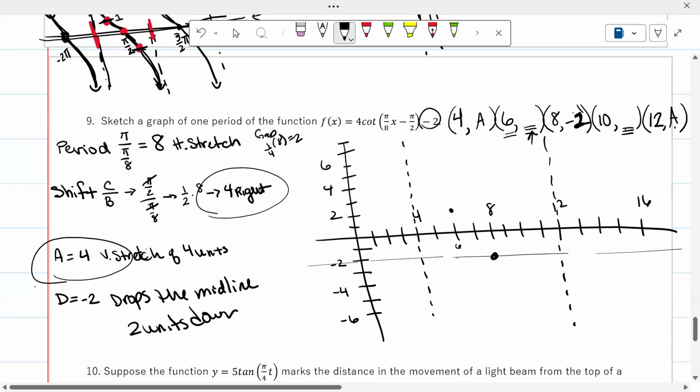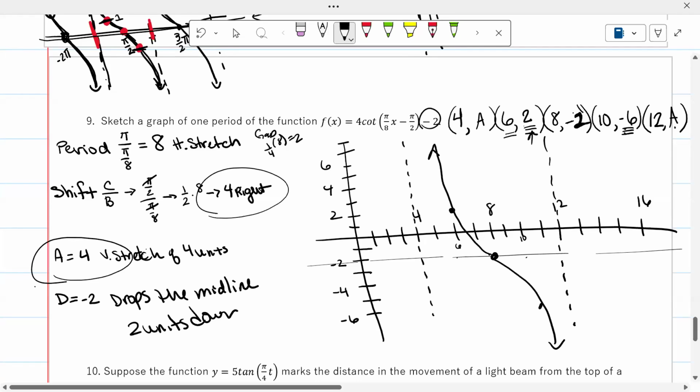So that's a 6, 2. At the 10 mark, I'm going to stretch 4 units from the midline. That'll be 4 units down, which means this is my 1 period for this function.